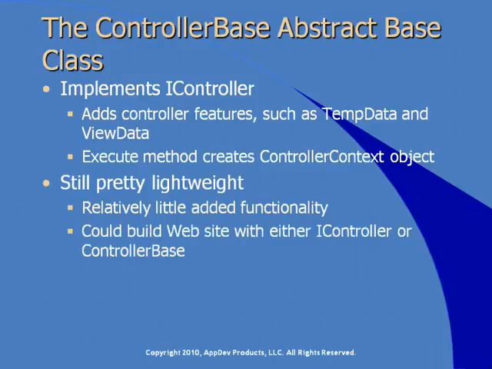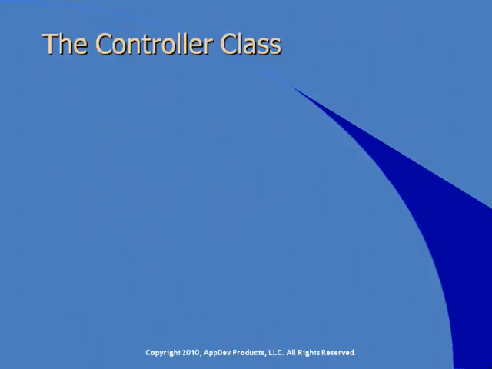Now you could build a website using IController or ControllerBase, but it would either be a very simple site or would require a ton of code to implement even the most basic features that users expect in this era of web applications. Most real-world applications should create controllers that inherit from the Controller class, which adds far more significant functionality to your controllers.